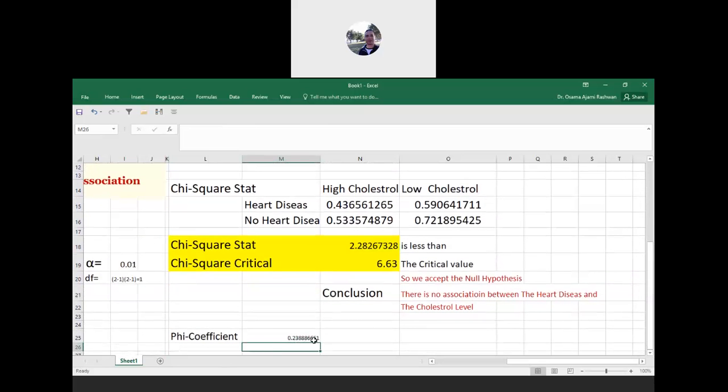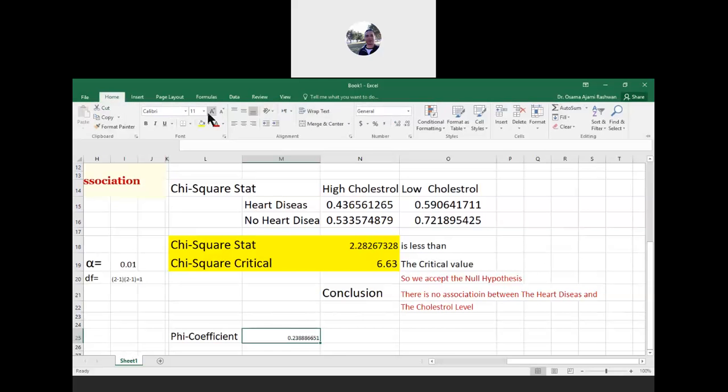So this phi doesn't tell me anything now because the test is telling me there is no association, right? Because the chi-square stat is less than the chi-square critical, so there is no association. So what are you going to do now in this case? Yes, I'm going to make my questionnaire again or get another sample and retest using chi-square.